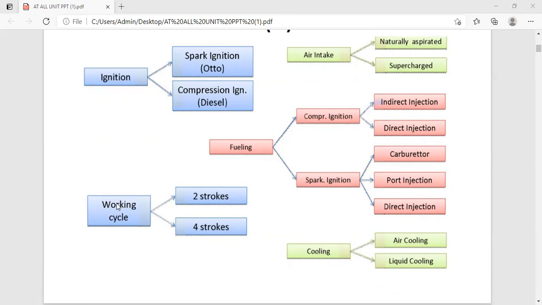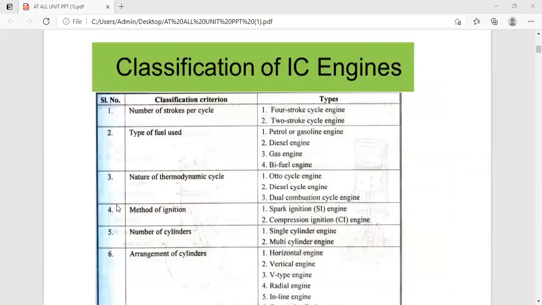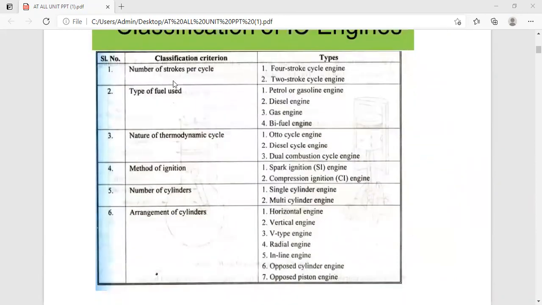In case of the working cycle, two-stroke and four-stroke. Next, the fuel used: petrol, diesel, gas, biofuels. Next, thermodynamic cycle: Otto cycle, diesel cycle, dual cycle. The dual cycle is the combination of the Otto cycle and diesel cycle. Then methods of ignition: spark ignition and compression ignition.